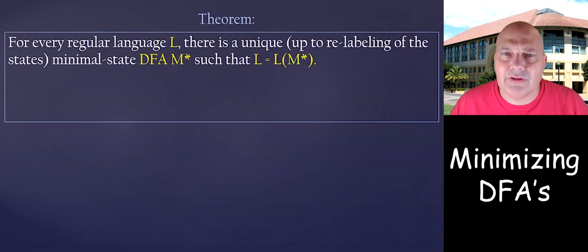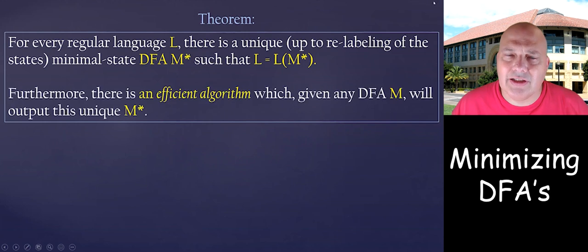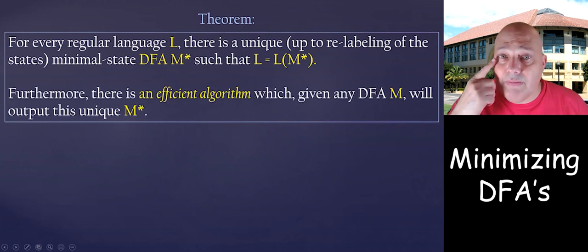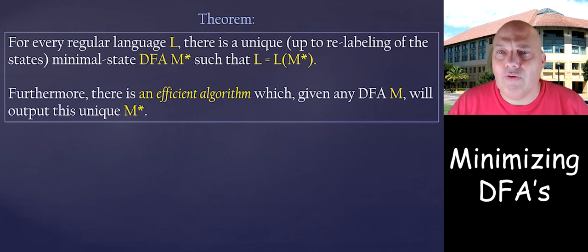So the theorem that we're going to prove during this video is that for every regular language L, there is a unique, up to relabeling of the states, minimal-state DFA M star, such that L of M star is exactly L. And furthermore, there is an efficient algorithm which, given any DFA M, will produce a unique M star such that L of M equals L of M star.